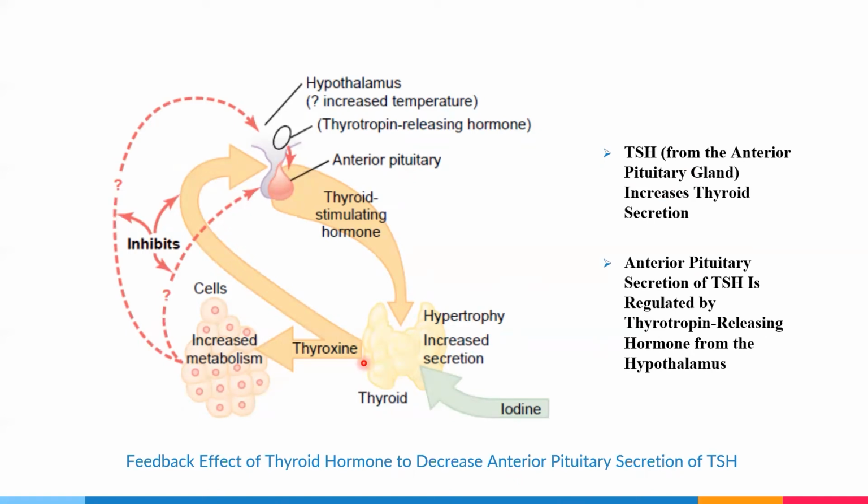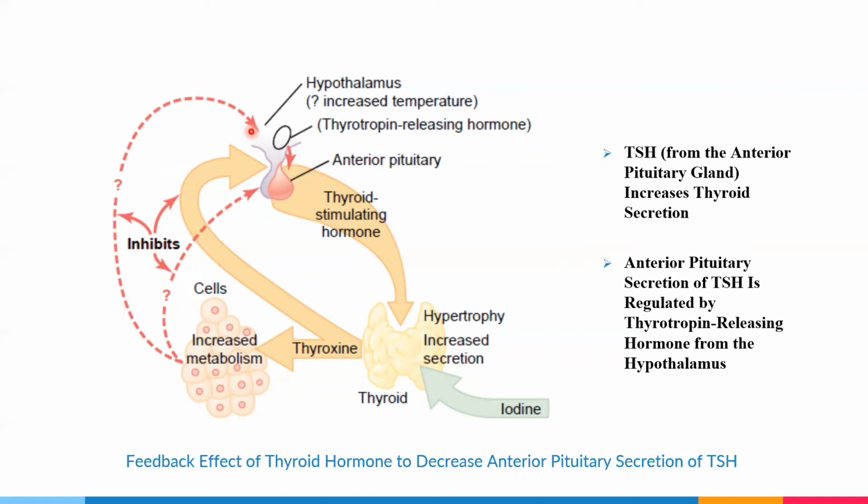The increased amount of thyroxine increases metabolism of cells, which in turn affects the hypothalamus. The effect on the hypothalamus causes an increased release of thyrotropin releasing hormone, which inhibits the release of TSH by the anterior pituitary.